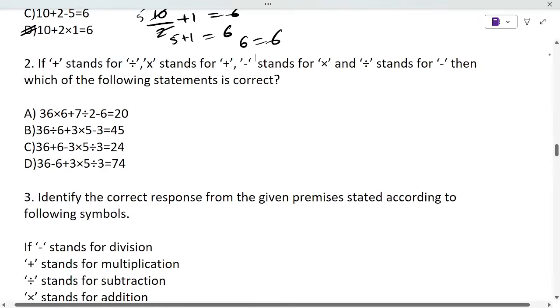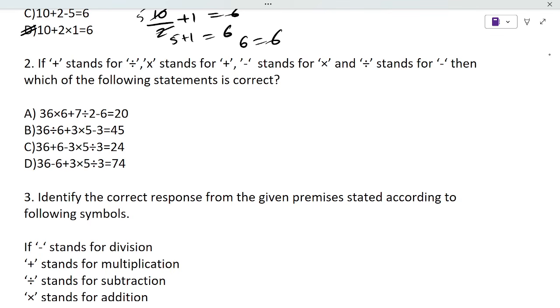Next one: if plus stands for division, multiplication stands for addition, subtraction stands for multiplication, and division stands for subtraction, then which of the following statements is correct? So let's check. Option A is 36 plus 6 divided by 7 minus 2 into 6 is equal to 20.